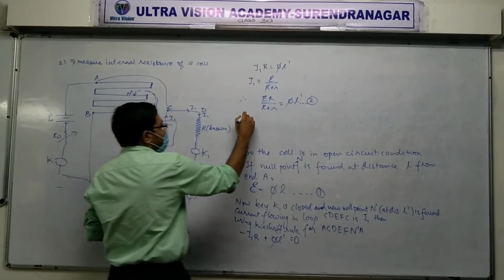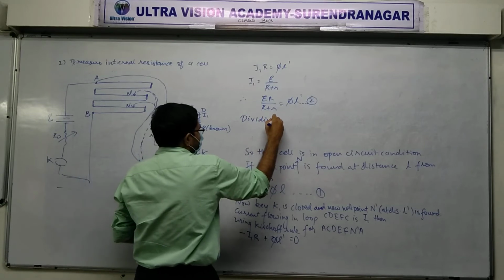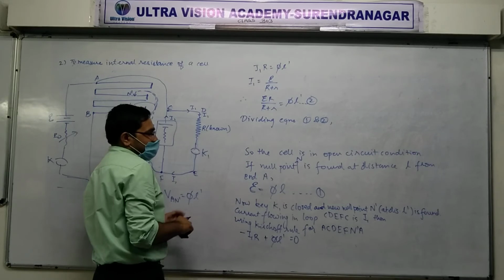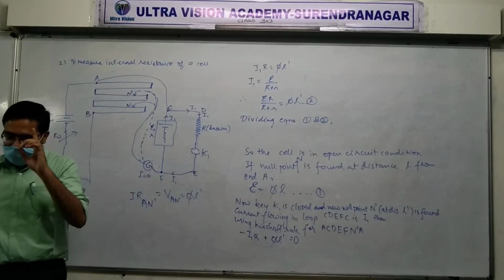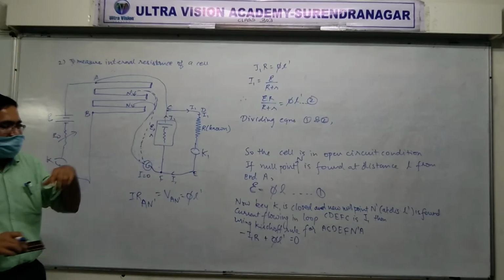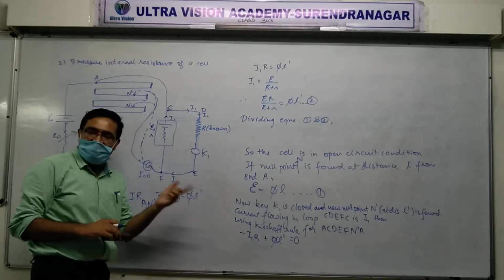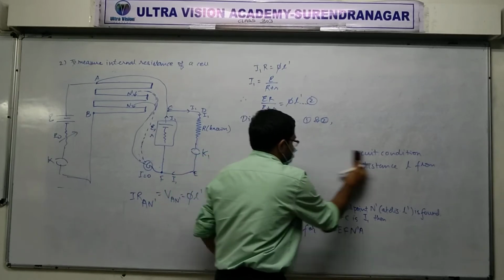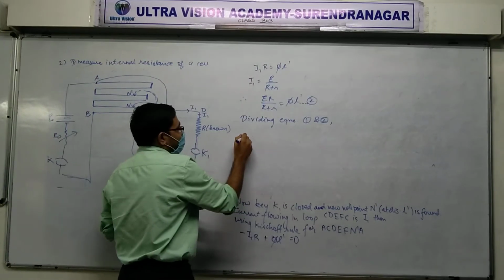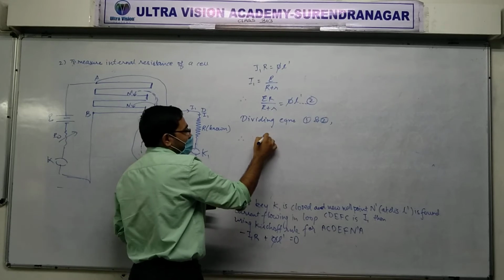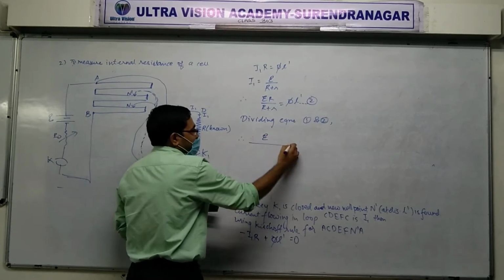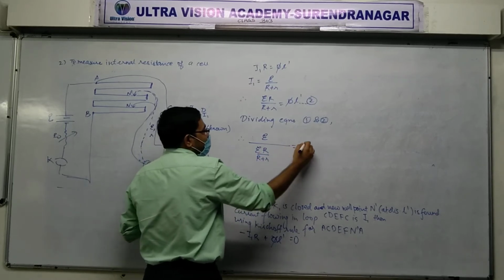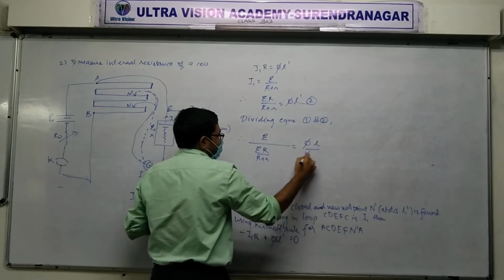Now divide equations 1 and 2. First we measure without resistance capital R, and then with resistance capital R connected in parallel. Dividing 1 upon 2: epsilon upon epsilon R upon R plus r is equal to phi L upon phi L dash.